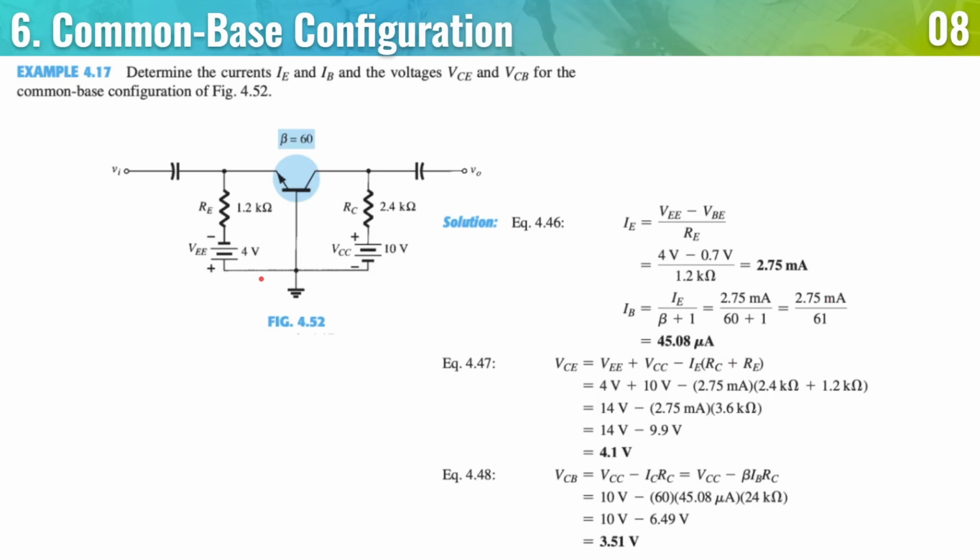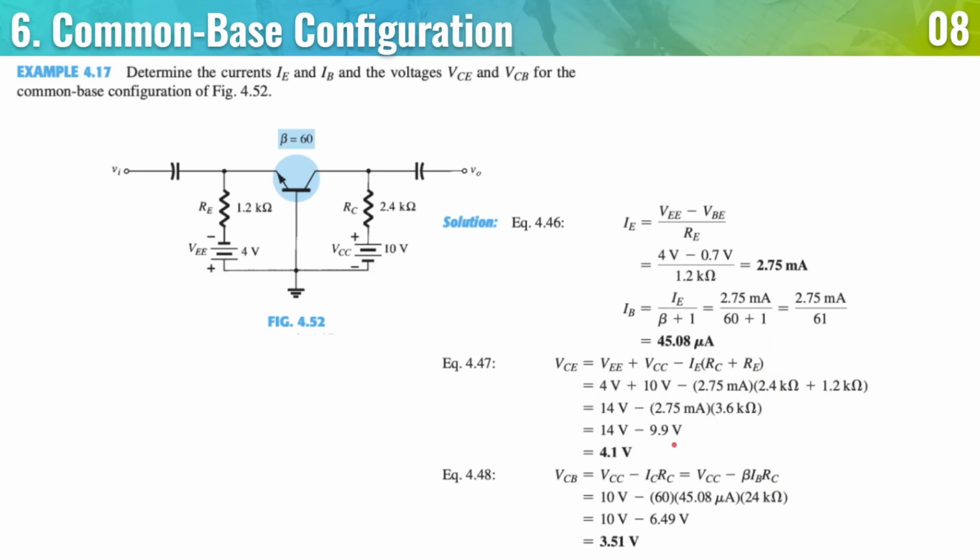For VCE, again, VCE is equal to VEE plus VCC minus the drops at the collector and the emitter resistors. So that's how we get 4.1 volts.